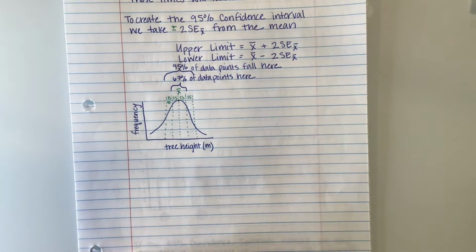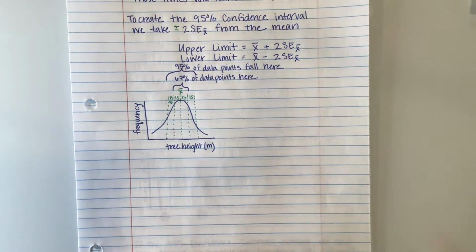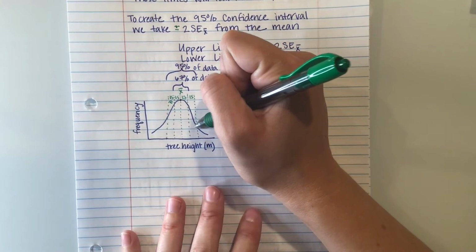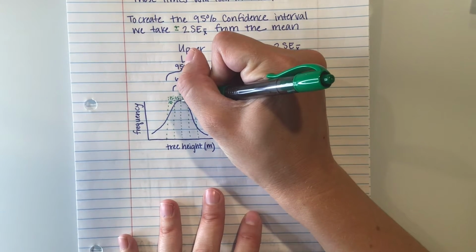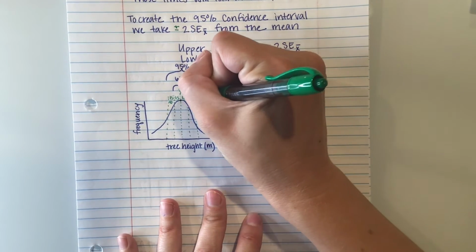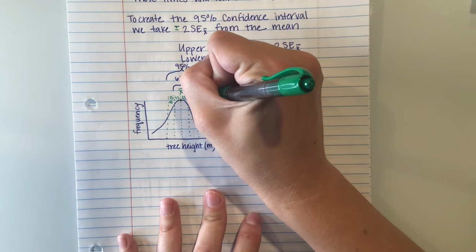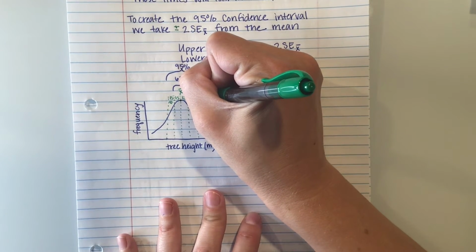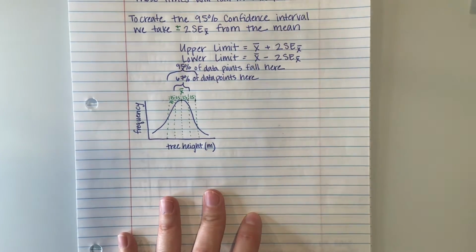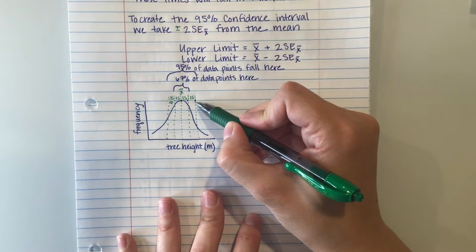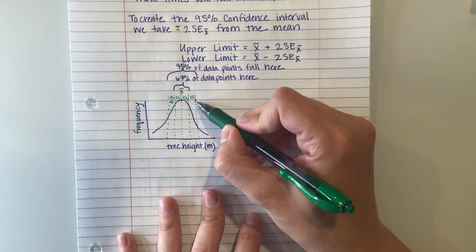And if I wanted to know what the 95% confidence interval was for this data set, if I went 1 standard error of the mean up and then 2 standard errors of the mean up, which would just be a number that I had calculated, that would be my upper limit.